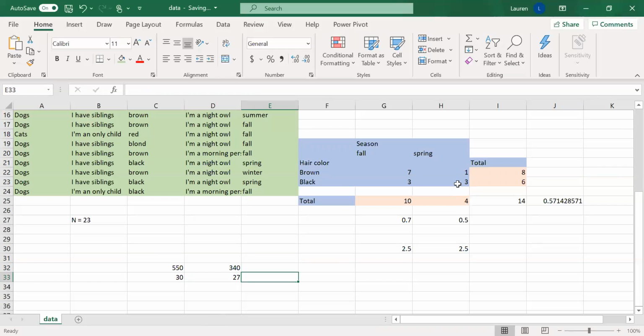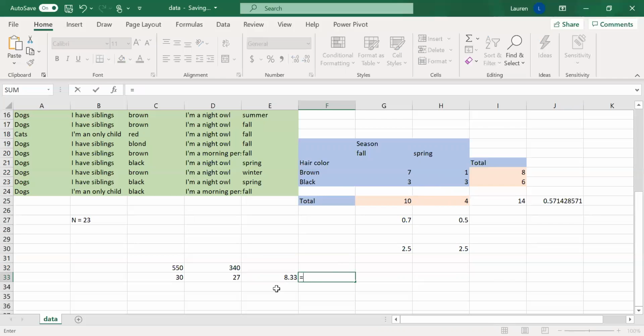And so before I said, okay, well, we've got 8.33 calories per gram of fat. So what I need to do is multiply these together. So now I've got 27 grams of fat times my 8.33. So my calories from fat changed from 250 to 224.91.